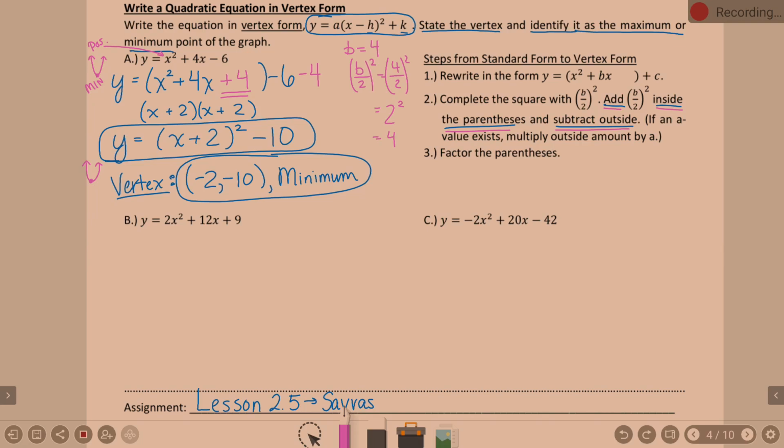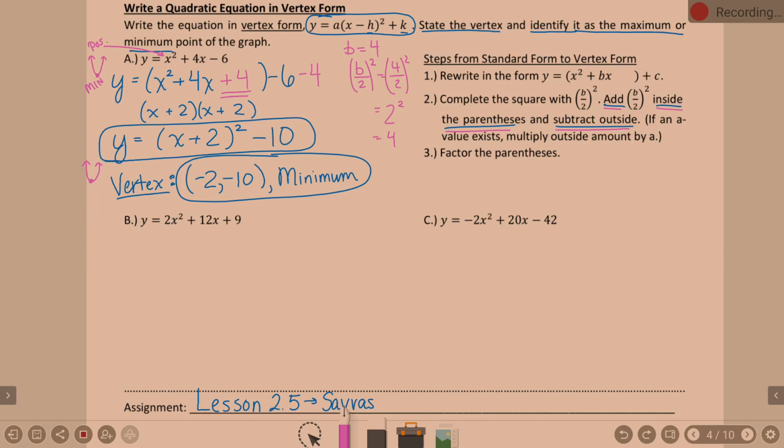Does that sound familiar? It's not a maximum because it's a positive a value. It's exactly the opposite of that, actually. Okay? Okay, questions there? I almost feel like this is maybe the little bit harder part after what we just did, but.